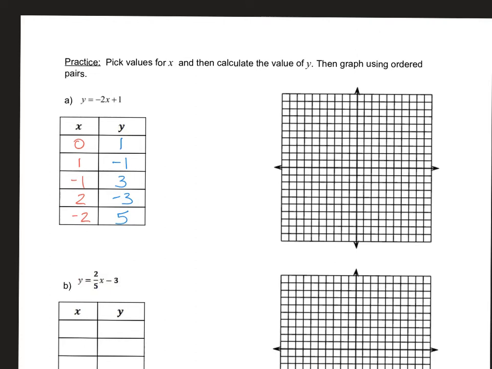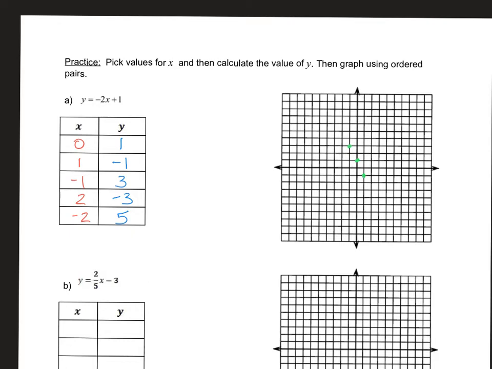I can feel comfortable to go through and graph. And so, if I go through and plot all of those points, I'll have a point at 0, 1. I'll have a point at 1, negative 1. At negative 1, 3. I'm already starting to anticipate my graph.